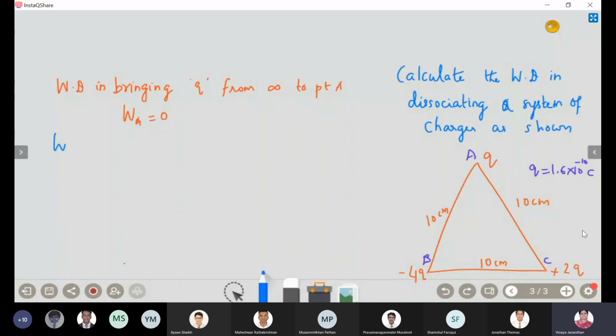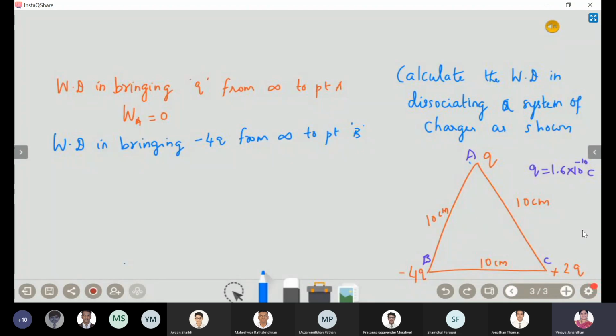Then we bring minus 4Q from infinity. I have to work against the field created by the charge at A. So what is the work done, boys? Work done is potential into distance.